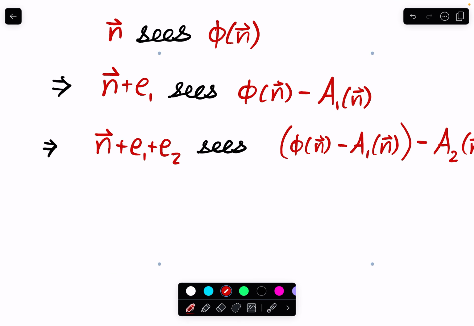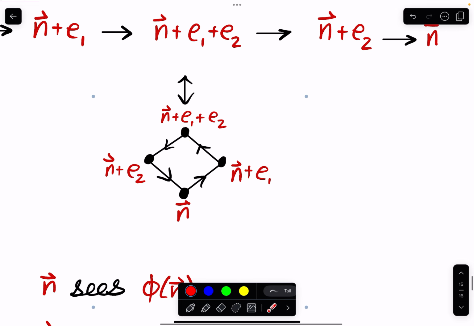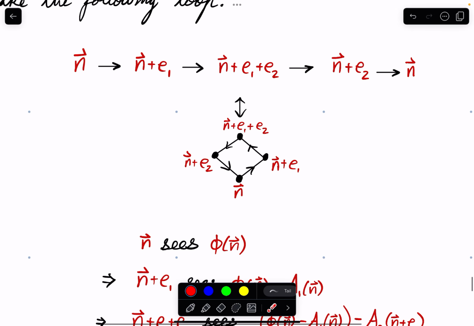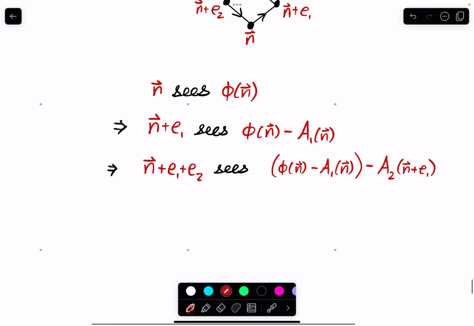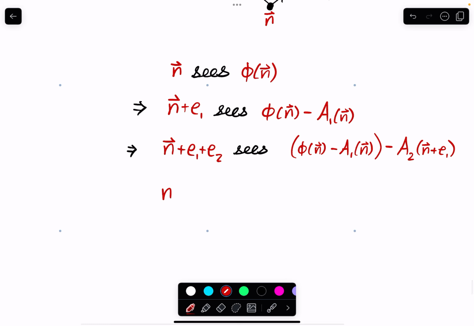Now if we want to go from the point we're currently at to this point, going from here to here is just the negative of going from here to here. So instead of subtracting, we're going to add the next one. Going here, when you add onto the point, you have to subtract. But here we're subtracting e2, so we have to add.